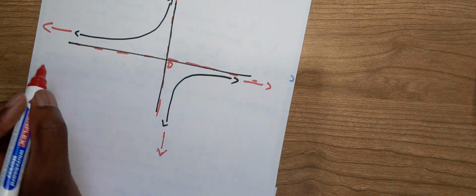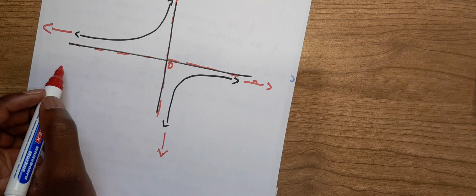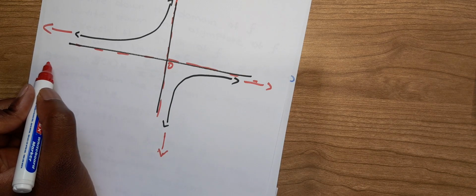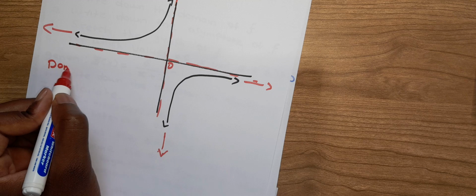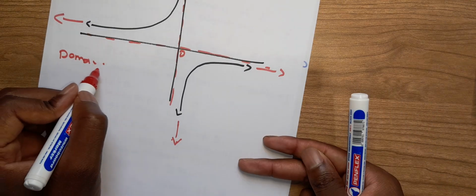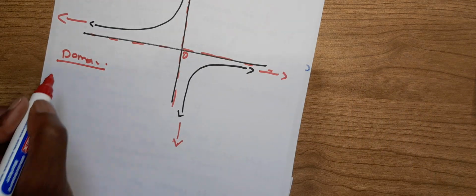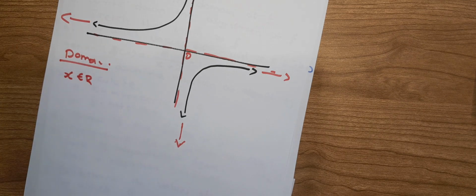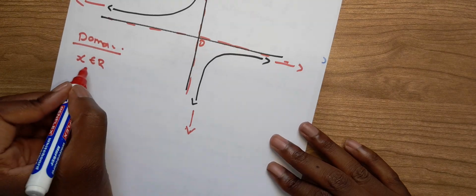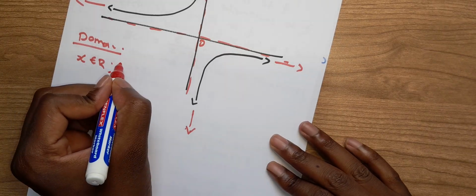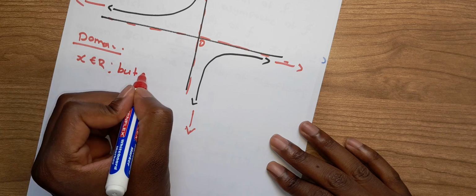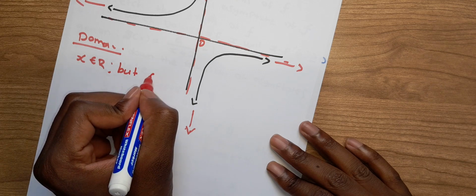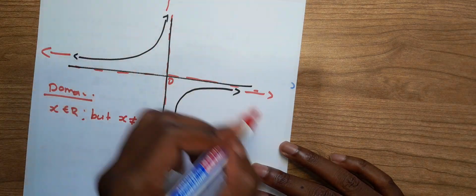So when we want to calculate the domain, the range, let's just talk about the domain. That is the set of x values. We say that x is an element of the reals, but not at x equals 0.